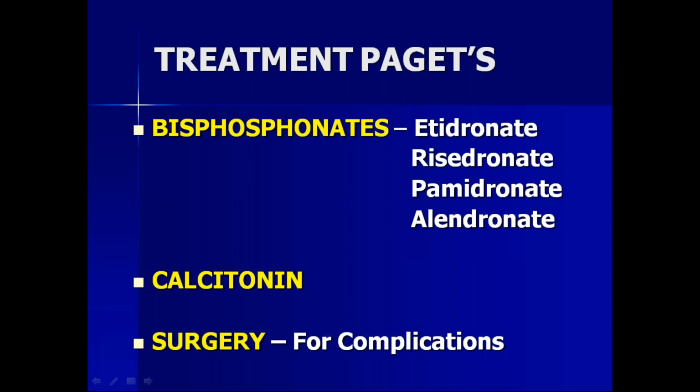So your nasal calcitonin won't work in Paget's. That is also an entrance bit, where calcitonin should be given as a subcutaneous injection in treatment of Paget's disease. If there is any problem, surgical correction of deformity or fracture should be done.